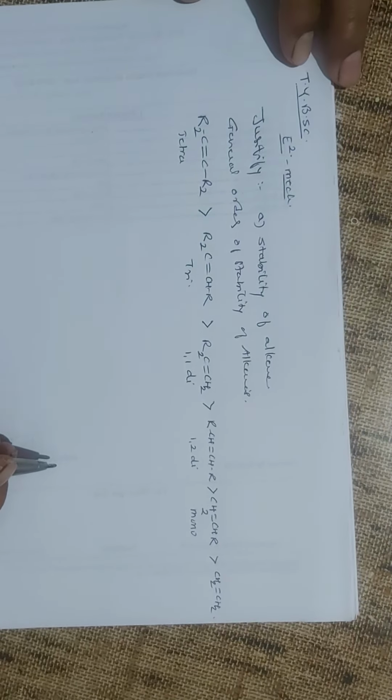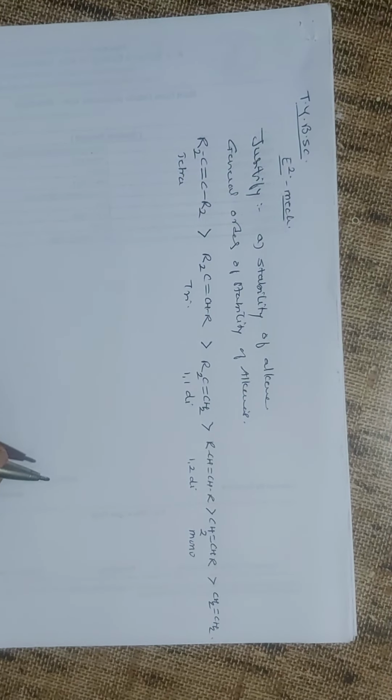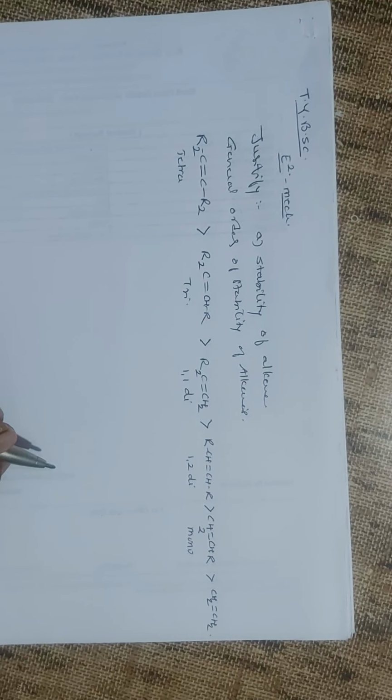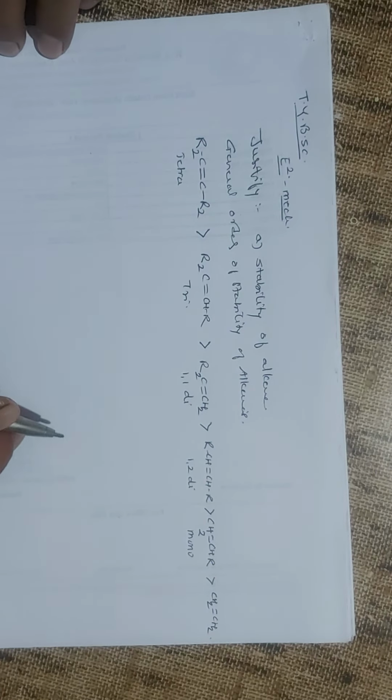So this is the general order of stability. So highly substituted alkene or the more substituted alkene is stable, or the stability goes on decreasing as the number of alkyl groups goes on decreasing.